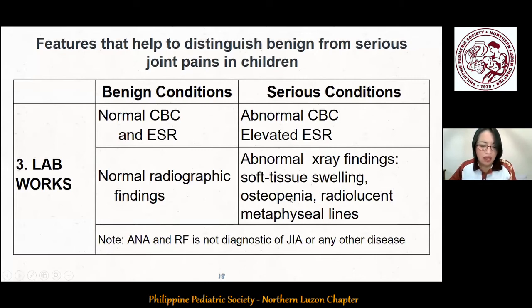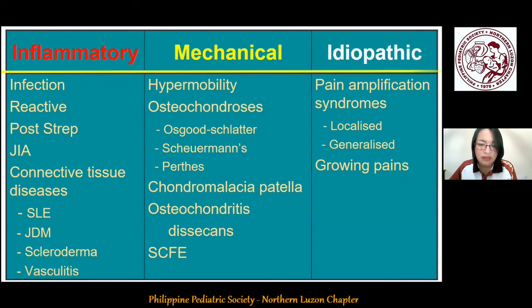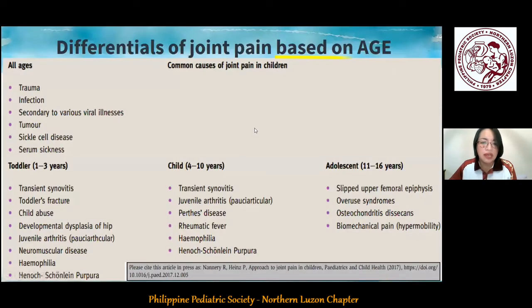Okay. So there are several algorithms when it comes to diagnosing MSK conditions in children. Some use this strategy where the history and PE can distinguish between the inflammatory and the mechanical problems. Another is based on the age of the child, so from toddler years to the child to adolescence.